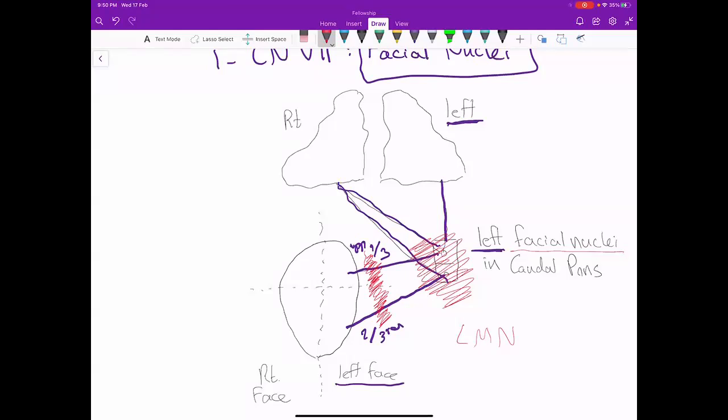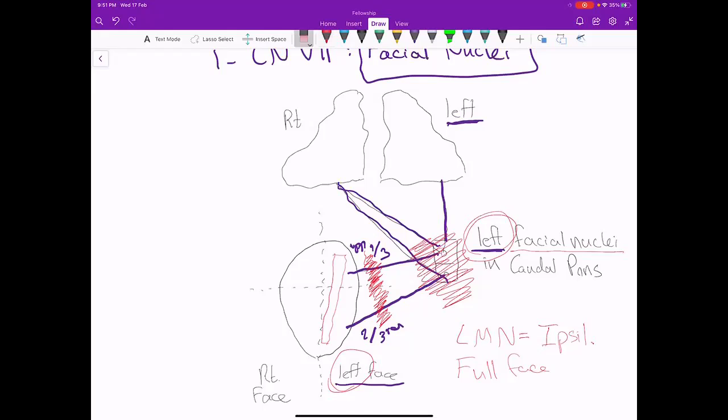So you lose your ability to move all the muscles in the face. So lower motor neuron equals ipsilateral portion of the face, and it is the full face. The entire face is affected.